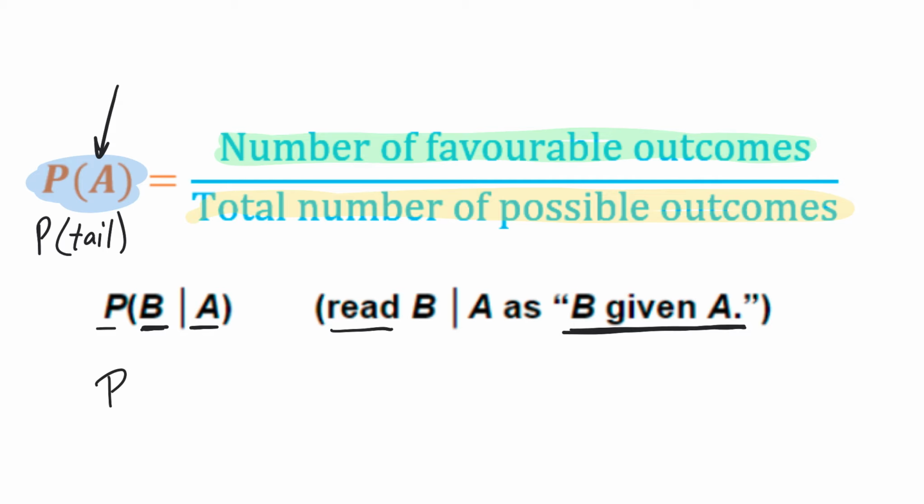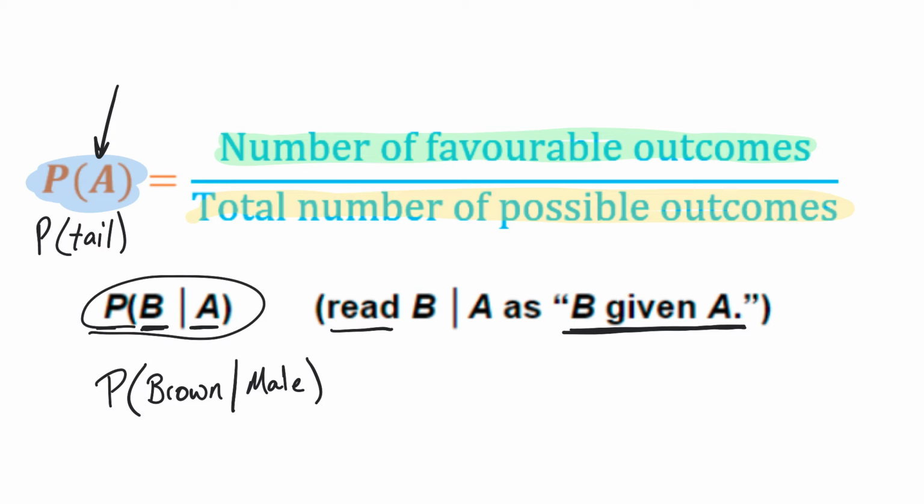We could say the probability of, let's say, somebody having brown hair, and then we use this line right here, given that they are male. So that's how we would write that probability. But that's how that reads: the probability of this event given that event.